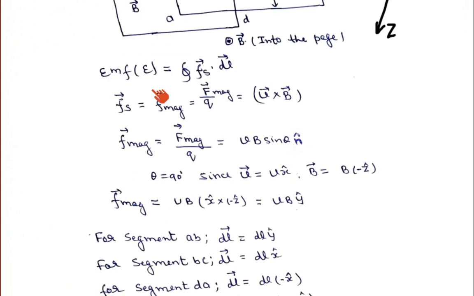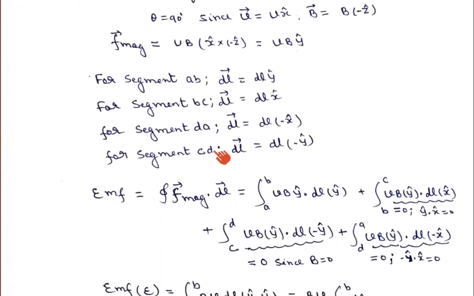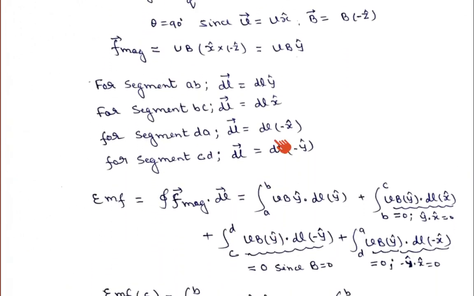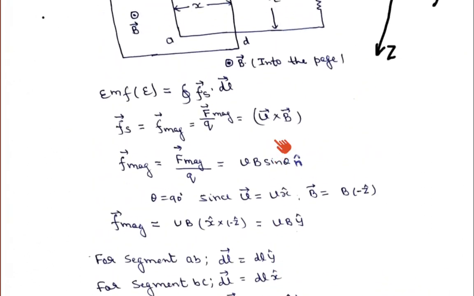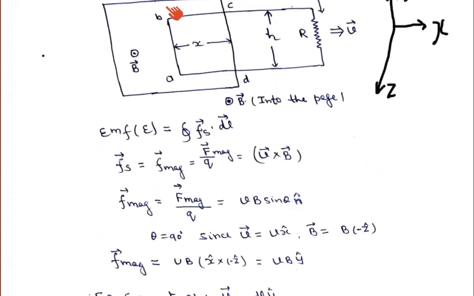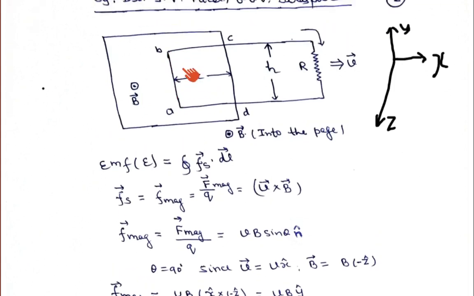For A to B, the displacement is along the y direction, and the magnetic force per unit charge that we calculated is also along the y direction, while the magnetic field points into the page, along the minus z direction.